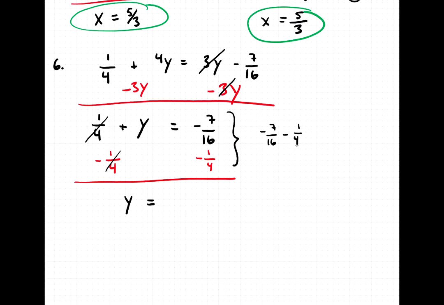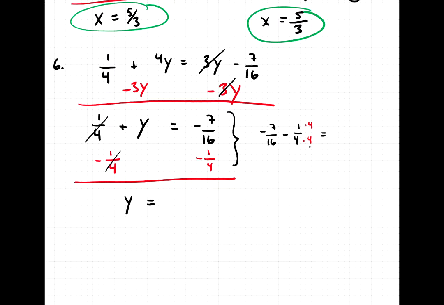So we need to change this denominator to a 16, so we can multiply the top and the bottom by 4. If you want more details on how to do this, I posted a video in a previous week on adding, subtracting fractions. So if necessary, go back and watch or rewatch that video.